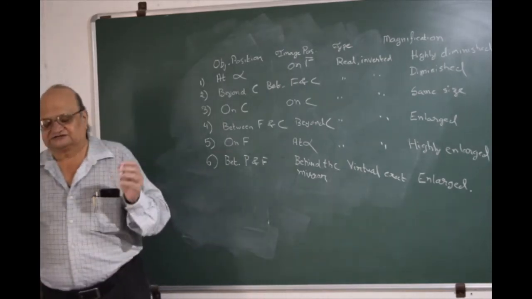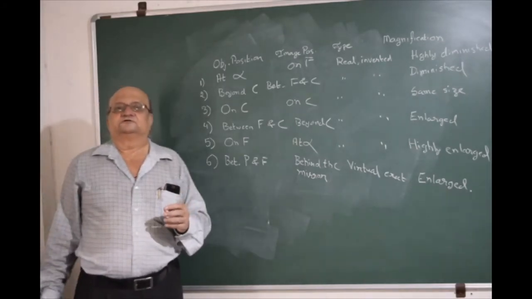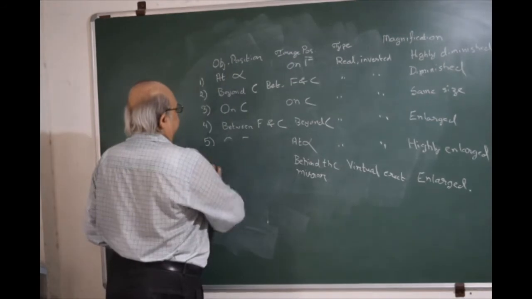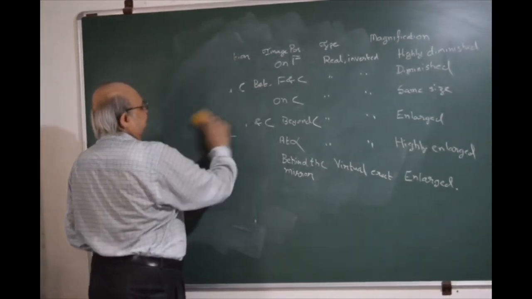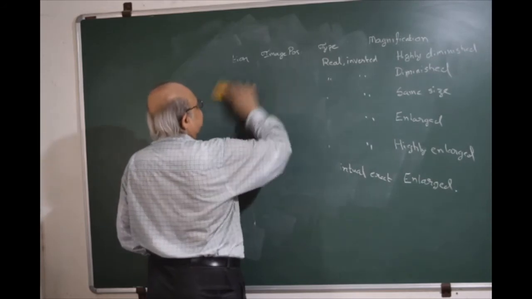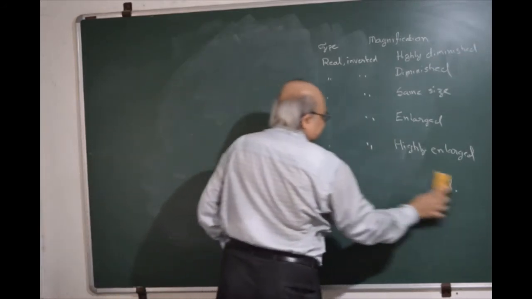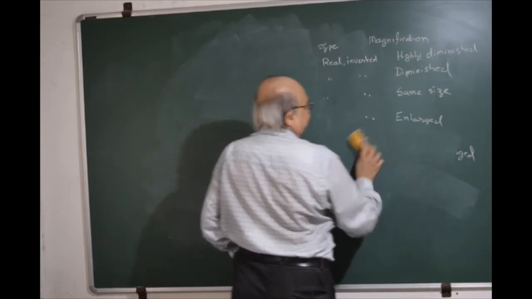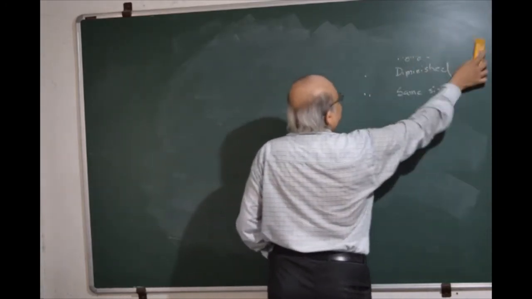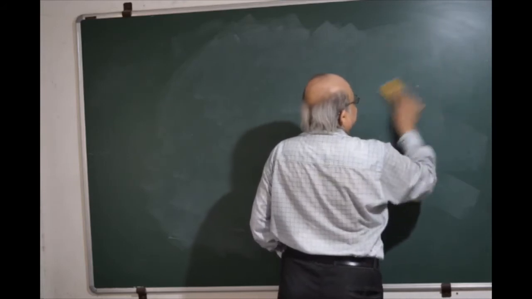And for all this, you will have to draw the ray diagrams. How to draw the ray diagrams? Remember, 3 rays minimum are necessary to draw a ray diagram, out of which one is the principal axis.